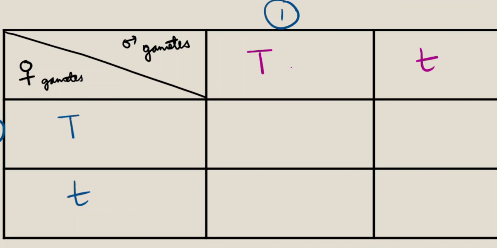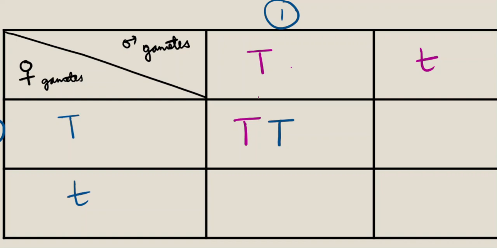This gamete, and fuse it with this gamete. So what will it be? Capital T fuses with capital T. Pink color capital T came from the male gamete and blue color capital T came from the female gamete.